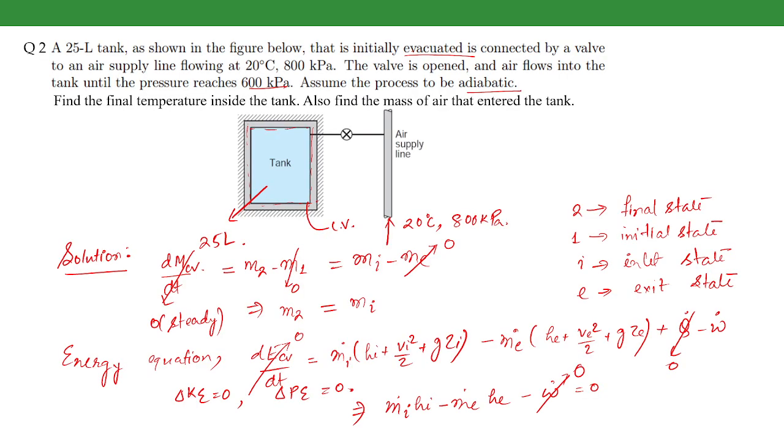So we can come to the conclusion here that, sorry, this won't be 0, because the energy is coming into the control volume in the form of mass. So this will also not be 0 because the mass of the control volume is changing.